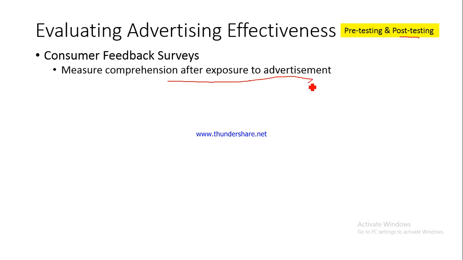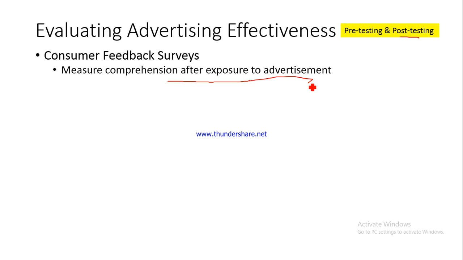So what we will be doing in pre-testing, we'll bring in some of the people to our lab, and then we will show them our ad. And this is before we are actually releasing our ad publicly. So we are doing a pre-test, right? Once they have seen the ad, then we'll ask whether they have been able to comprehend the ad, what message they have been able to understand from the ad, what is it that they have understood about the product from the ad, right?